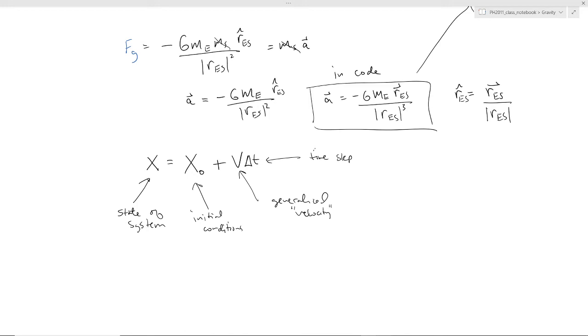But part of why I wanted to show you this is because a lot of times numerical integration can be kind of a dry subject. And so I wanted to show you an example where you can use it to do something that's really cool. So we're going to use this to show how satellites orbit and connect with things like Kepler's laws.